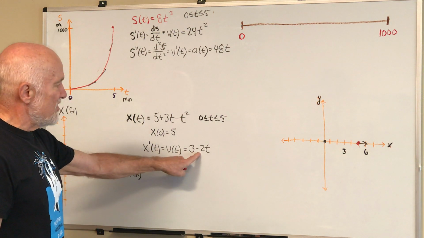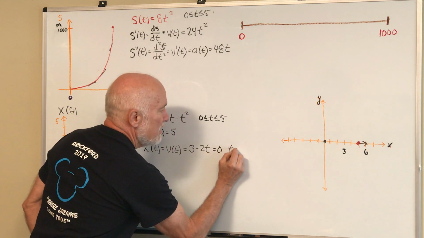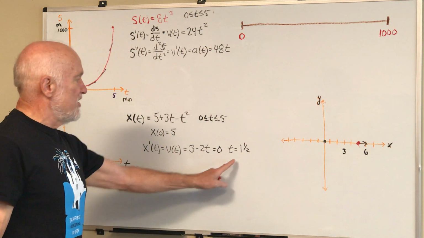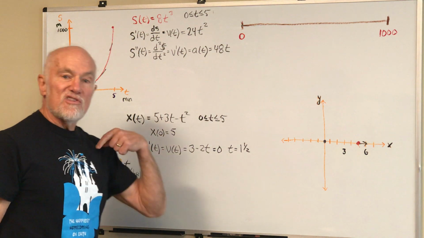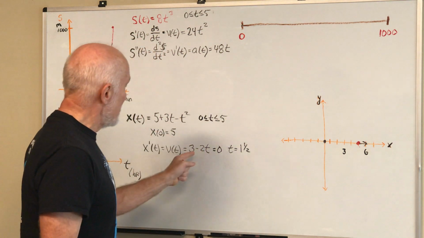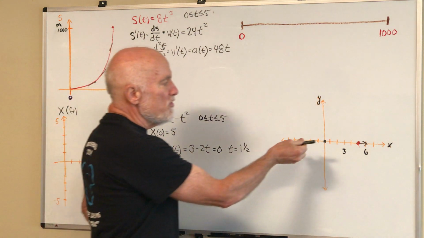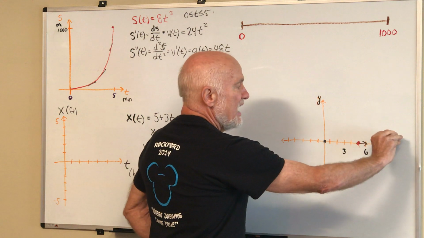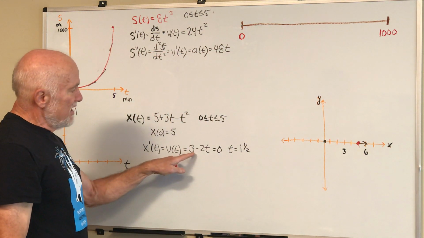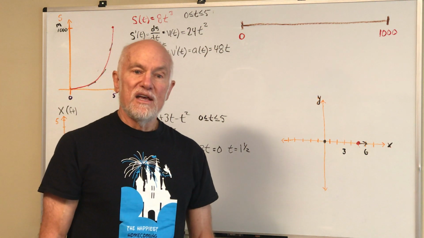But what happens? If you set this equal to 0, you find at time 1.5 hours, the velocity is 0. The turtle has stopped moving. And then what's going to happen? Now this is going to be negative. So the turtle moves to the right, and then it starts moving to the left. And once it starts moving to the left, it's going to keep getting more and more negative.